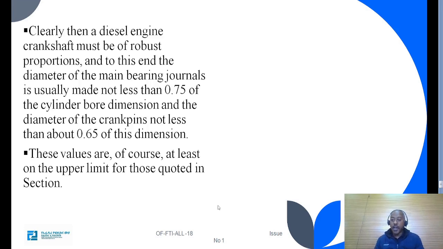Clearly then, a diesel engine crankshaft must be of robust proportion, and to this end, the diameter of the main bearing journal is usually made not less than 0.75 of the cylinder bore diameter, and the diameter of the crank pin not less than about 0.65 of this dimension. These values are of course at least on the upper limit for those quoted in the section.